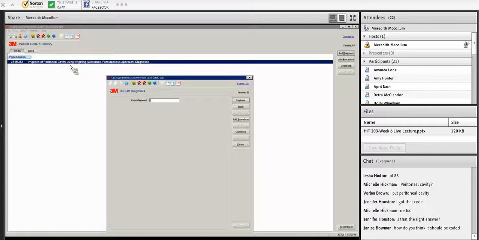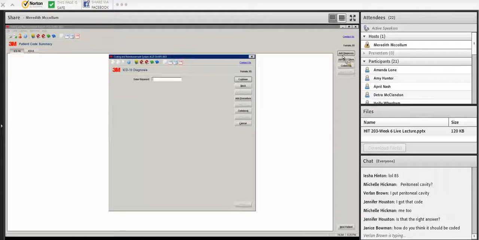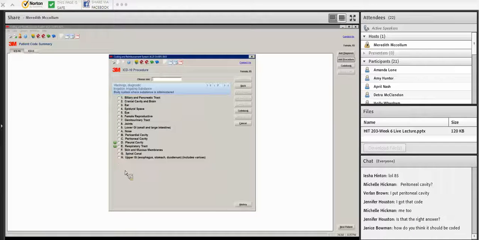Irrigation of peritoneal cavity, using irrigating substance, percutaneous approach. It's not percutaneous approach. Hold on. It's open approach. So if you do washing, diagnostic, peritoneal, I think that's the closest that it's going to get.